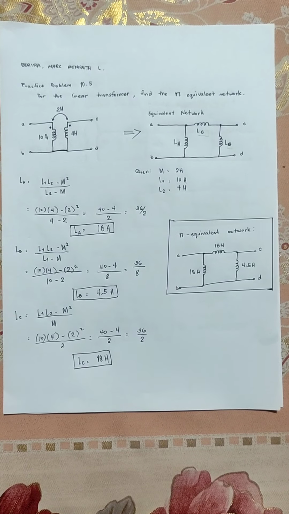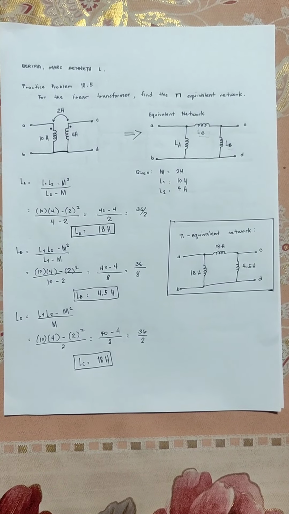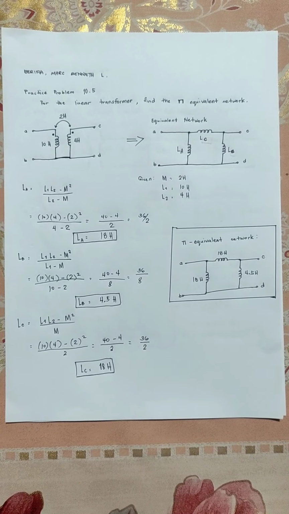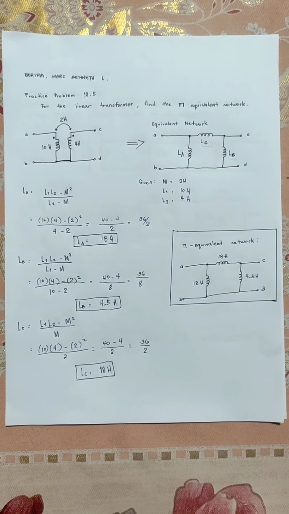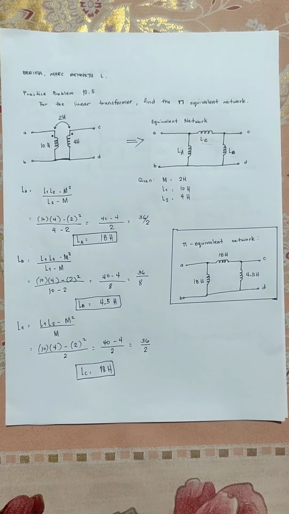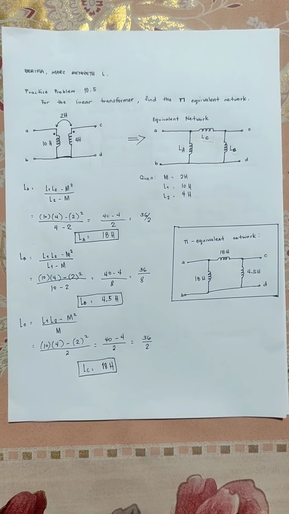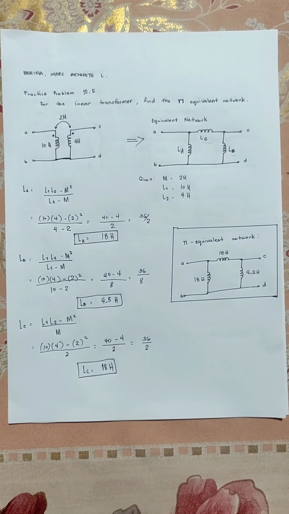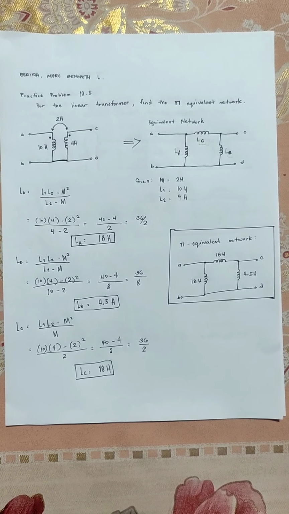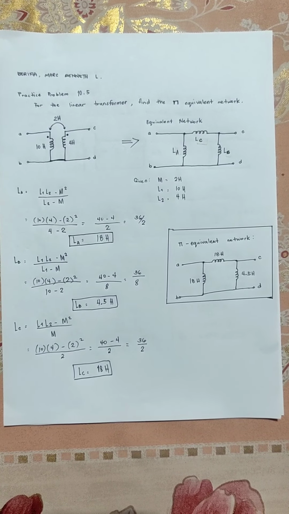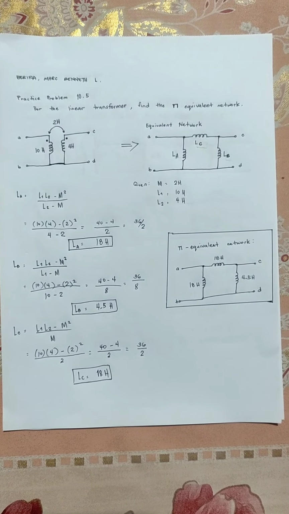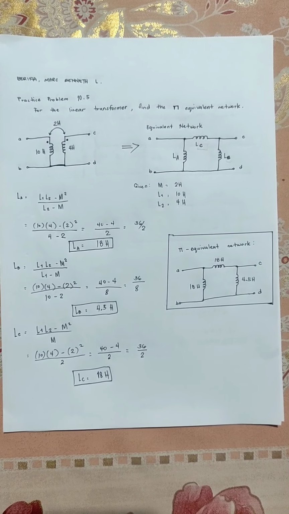For practice problem 10.5, for the linear transformer, find the pi equivalent network. We have the given M equals 2 henry, L sub 1 equals 10 henry, L sub 2 equals 4 henry. To get the pi equivalent network, we will use the pattern for its equivalent network.